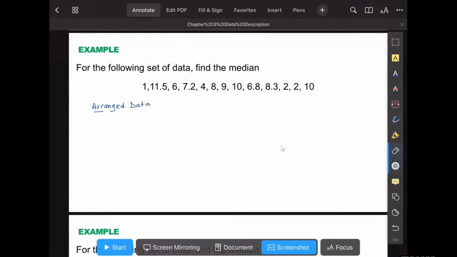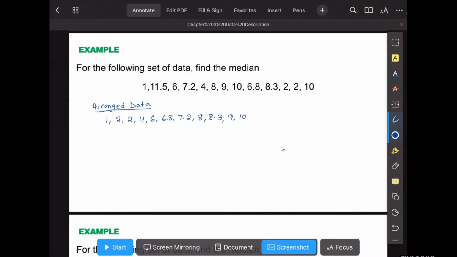So let me erase and write it down again. Help me with this. The first one is 1, right? Then we have 2, 2, 4, 6, 6.8, 7.2, 8, 8.3, 9, 10.